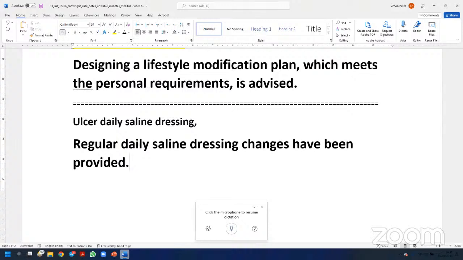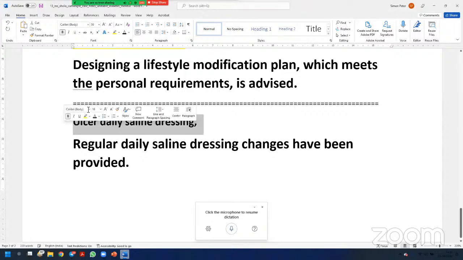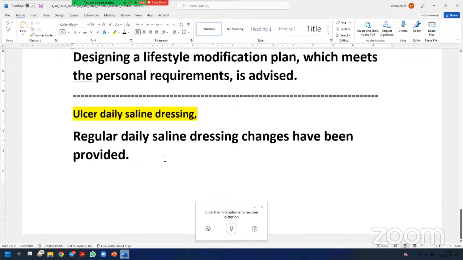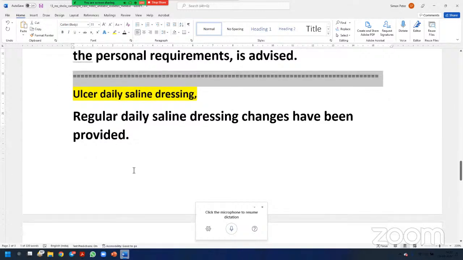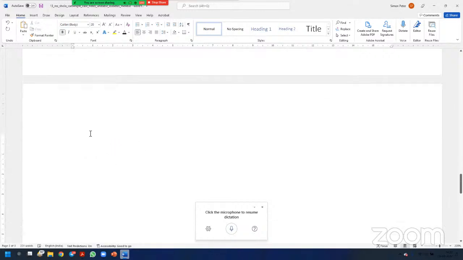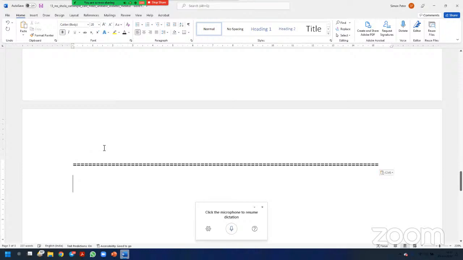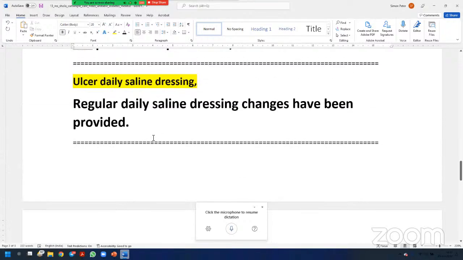I'm just showing you some styles of writing.